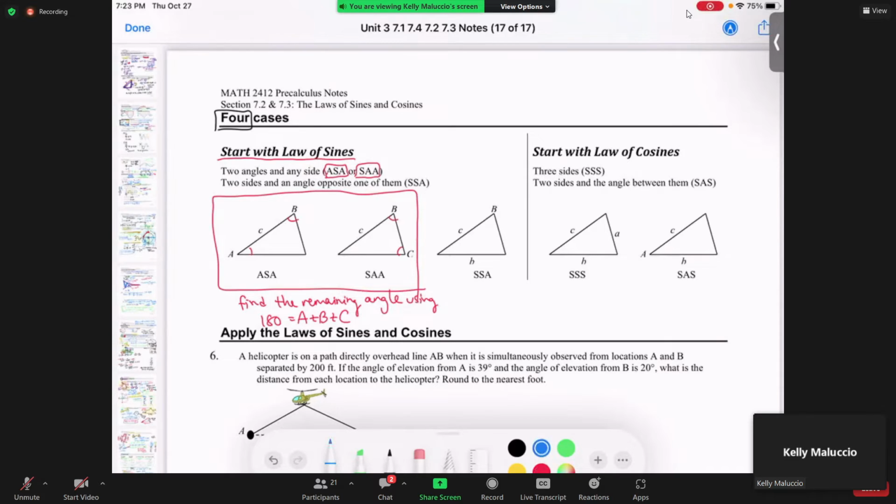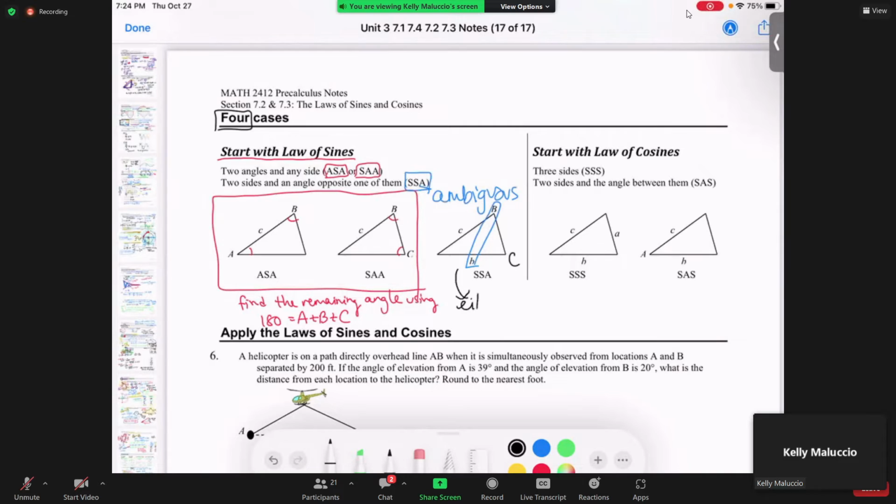Now, the not so fun one is side side angle. This is the ambiguous one. These two are connected, and then they give you a little c, so this is big C and the others are A. What I mean by ambiguous here is you have some options.